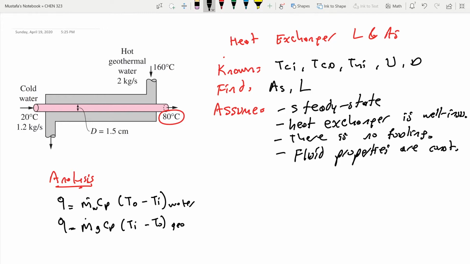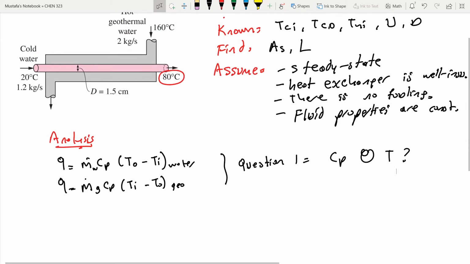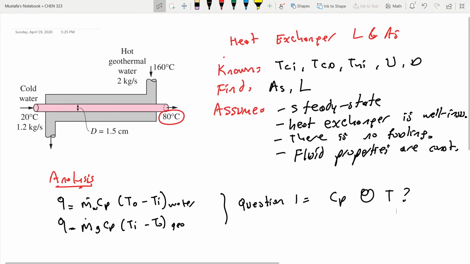So the first question here, question number 1. At what temperature do we evaluate Cp? We go from 20 to 80, and we don't know the average, so we'll assume an average temperature, T bar, which is 20 plus 80 over 2, 50 degrees Celsius.